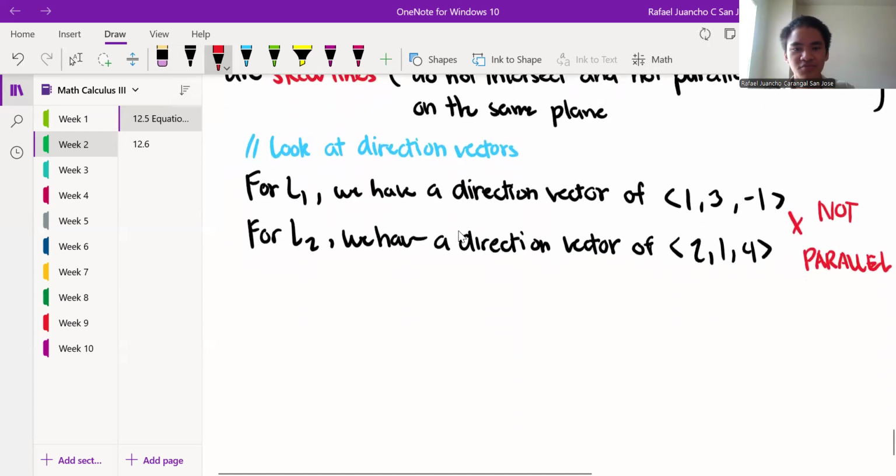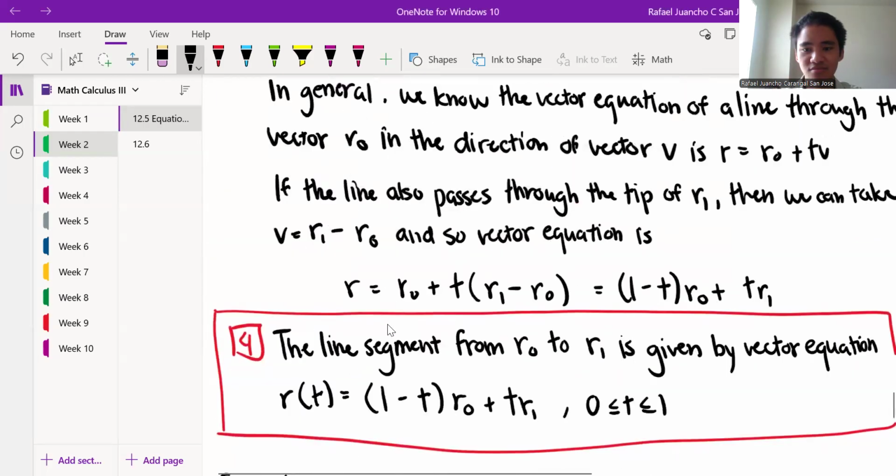Okay. How do we prove they don't lie on the same plane? Well, we actually got this from a previous example, right?